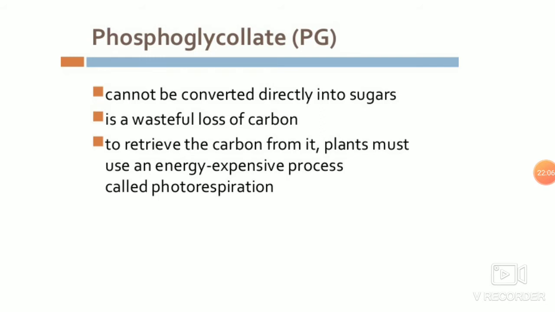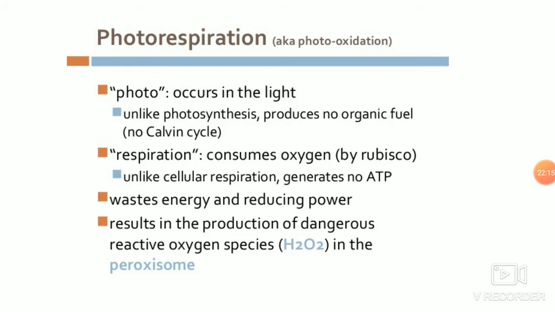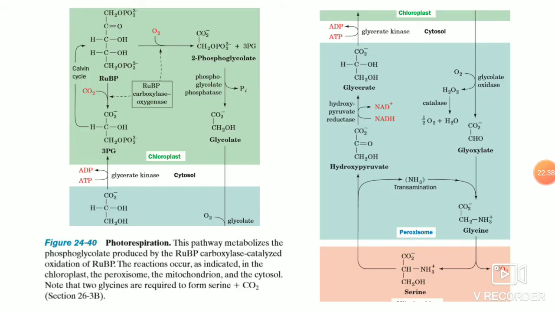To retrieve the carbon from it, plants must use an energy expensive process called photorespiration. Photo means light, respiration means consuming oxygen, where oxygen is added by the RuBP carboxylase oxygenase enzyme, and this uses energy in the form of ATP and reducing power to generate back the molecule of ribulose 1,5-bisphosphate.